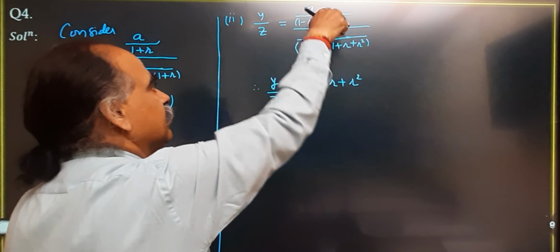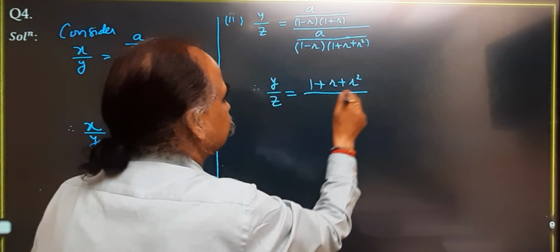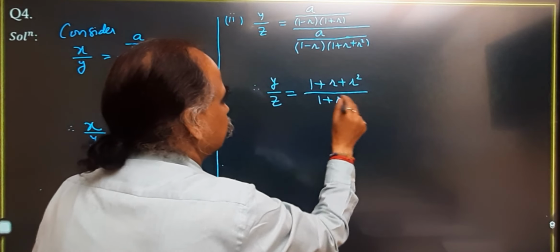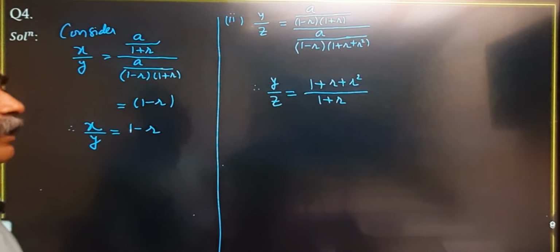This will go up, and 1 plus r is there in the denominator. So this is the proof of the second part.